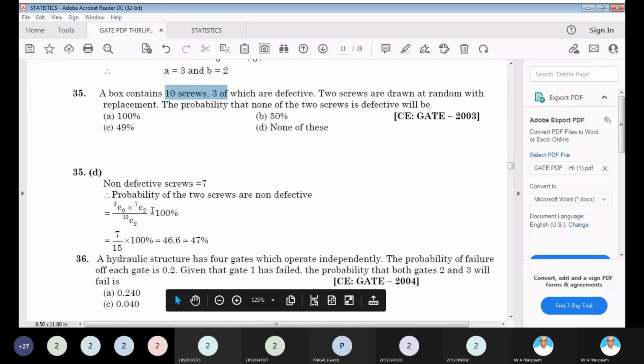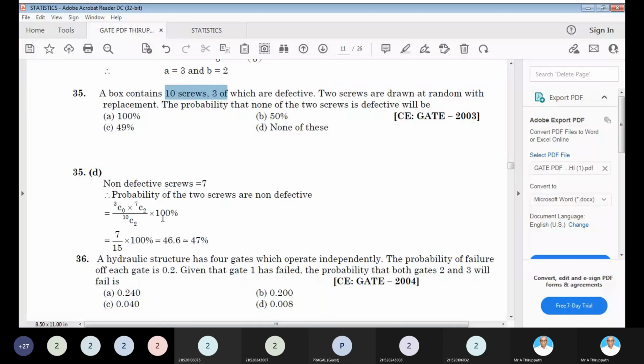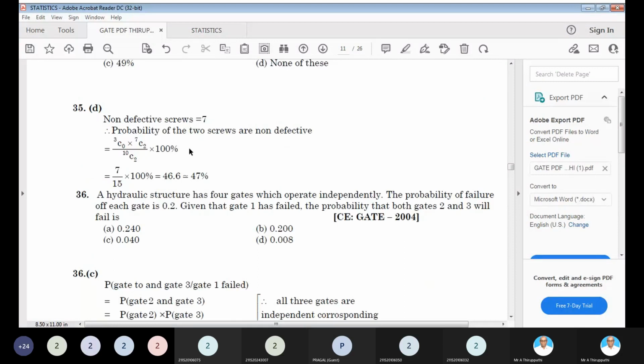If the answer is asked in percentage, you multiply by 100 to get the percentage value. So 47.